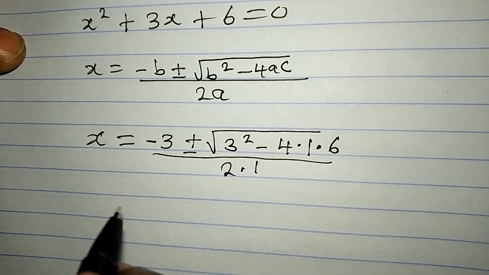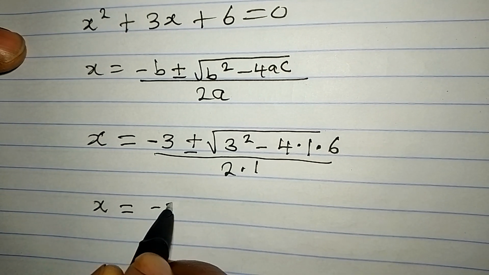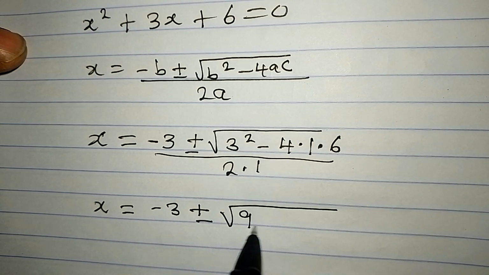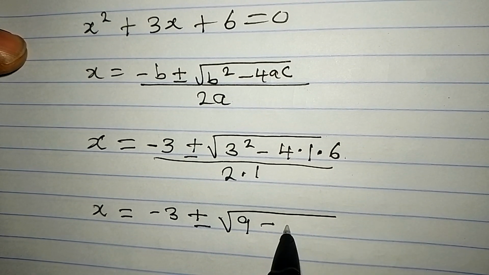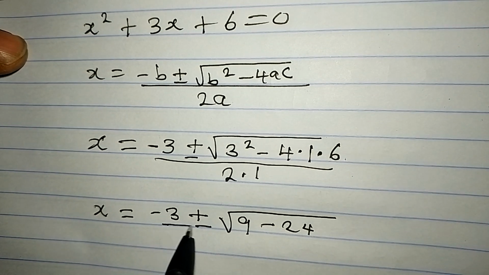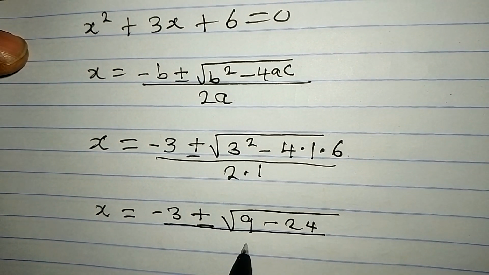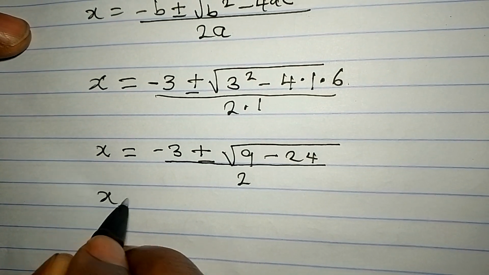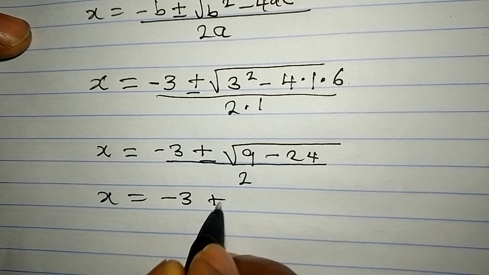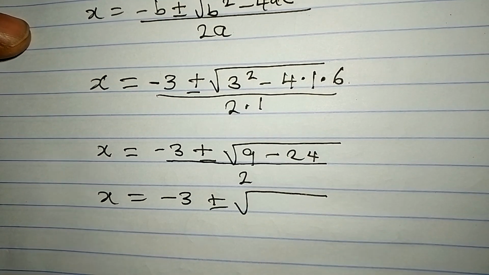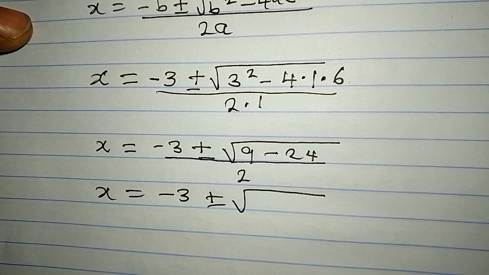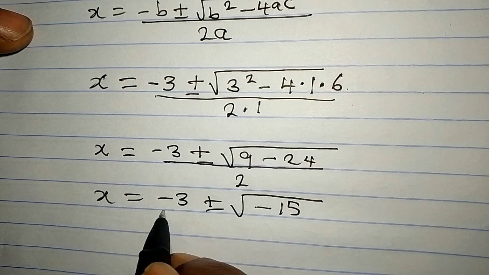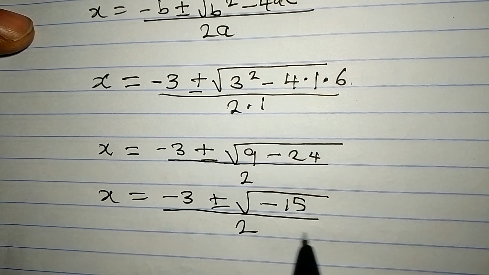Now to continue from here, we have x equal to minus 3 plus or minus square root of 9 minus 4 times 6 is 24, and the whole of this will be over 2. Then square root of 9 minus 24 is minus 15, and then this will be over 2.